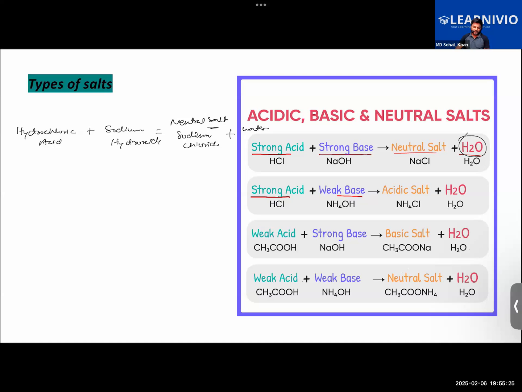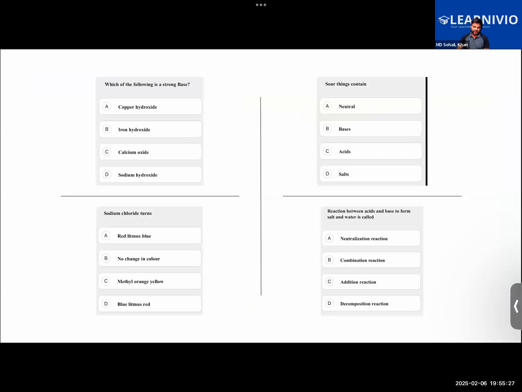Okay, answer this question to me. What will happen if you have a strong base and a strong acid reacting together? Will the salt formed be neutral, acidic, or basic in nature?